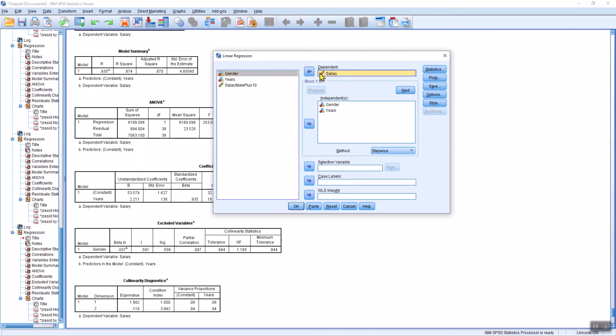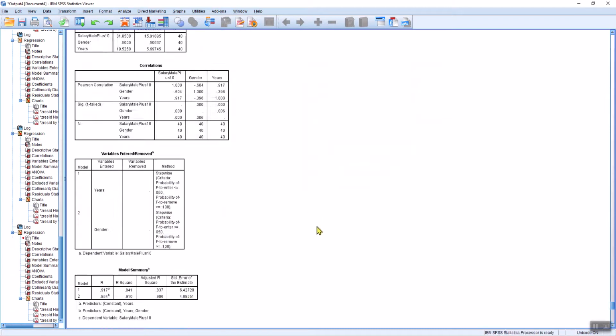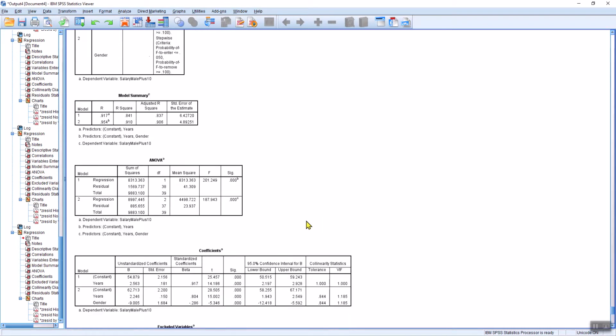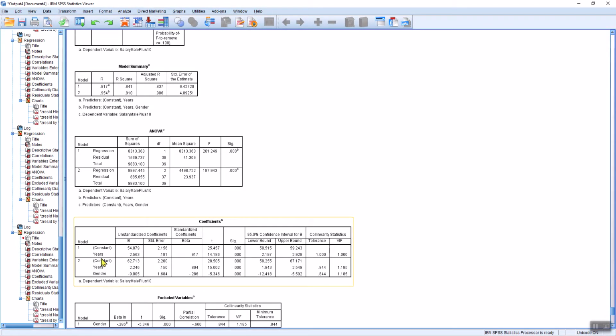Let's try it with salary plus 10 and keep it with stepwise. And so now you see what happens, and this is a good example when you have two different significant predictors in stepwise regression. You get a model that changes. You have two different steps here.